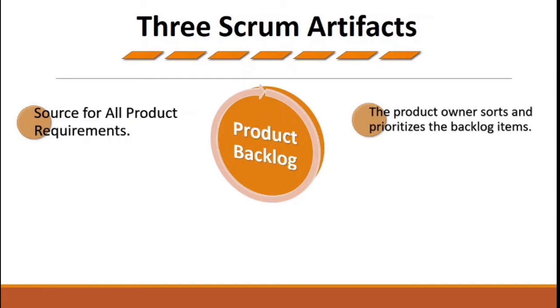So the items in the product backlog which have the highest value would be prioritized and would be up in the product backlog. And this prioritization is done on another metric, which is risk. So the riskiest items will again be on the top of this product backlog, because risk can mushroom.